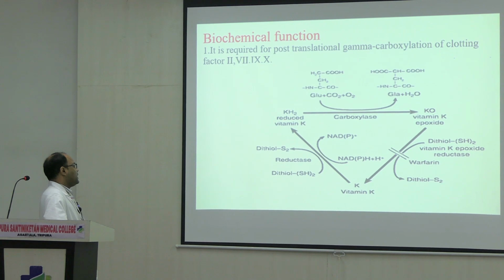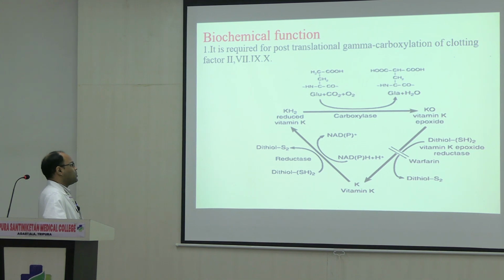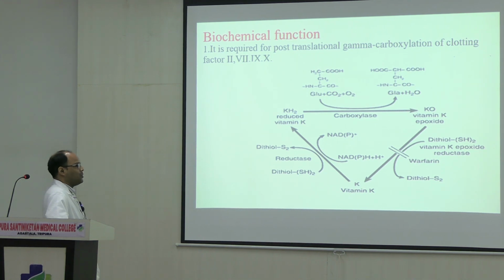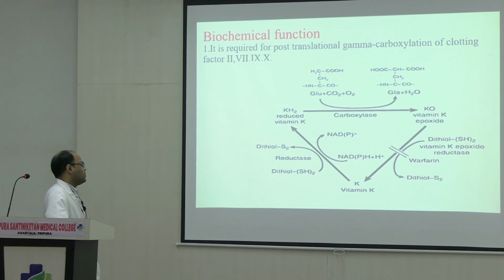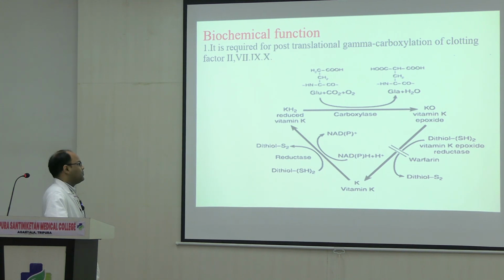So after this conversion, vitamin K itself gets converted into the oxidized form of vitamin K, called epoxide. This epoxide can convert back into vitamin K quinone form by the enzyme vitamin K epoxide reductase. Here warfarin can inhibit its function.